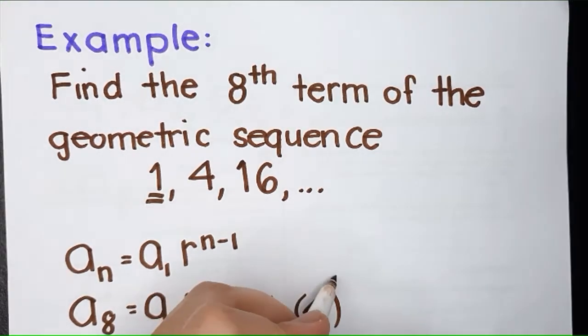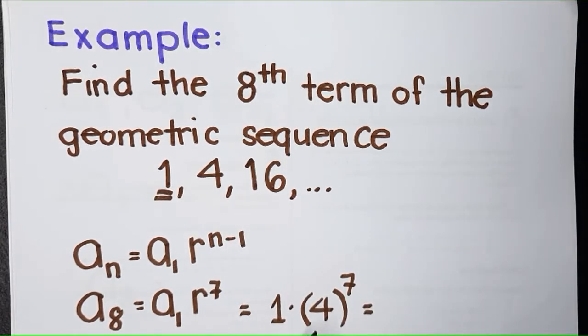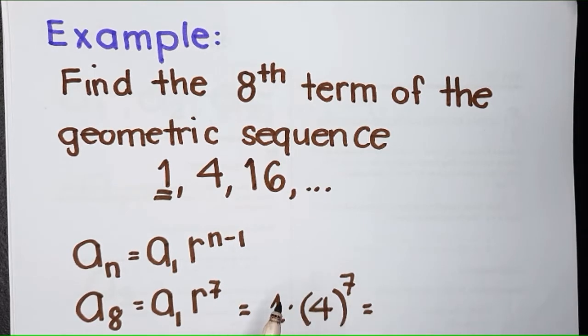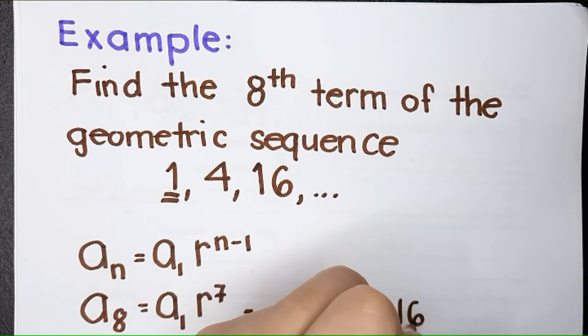And then, raised to 7. You're lucky if you're allowed to use calculators. But if not, you have to manually compute 4 raised to 7. What do you mean by that? 4 times 4 times 4 times 4 times 4 times 4 times 4. Okay? And what do you get? You will get 16,384.